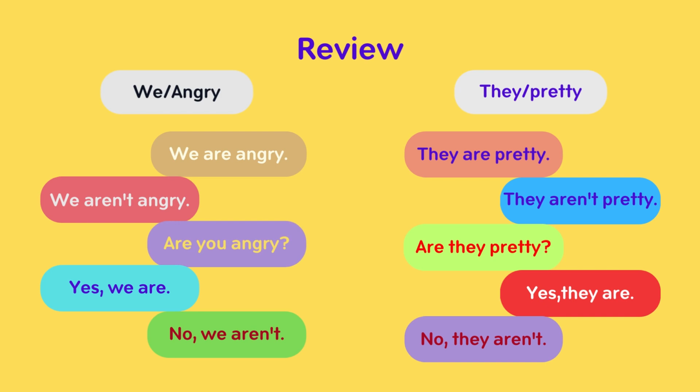We aren't angry. Are you angry? Yes, we are. No, we aren't. With the words they and pretty. They are pretty. They aren't pretty. Are they pretty? Yes, they are. No, they aren't.